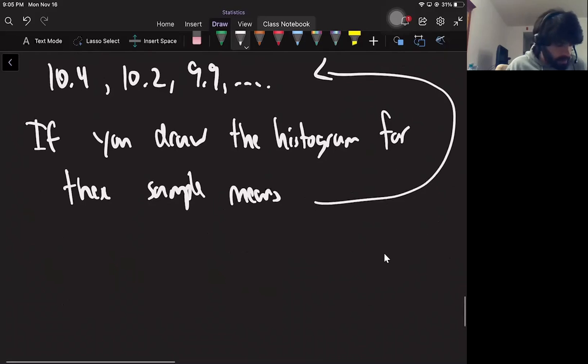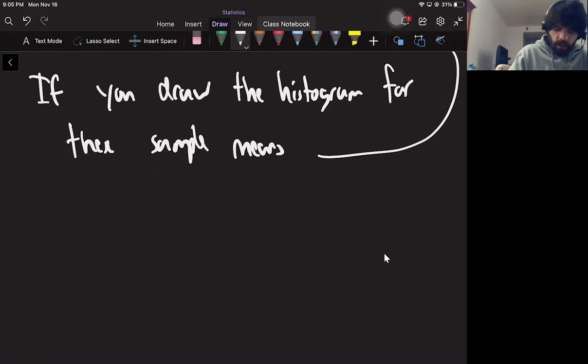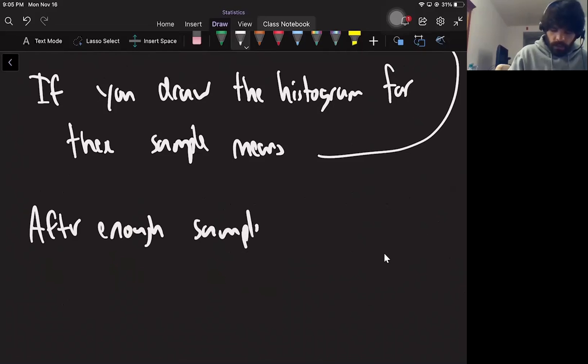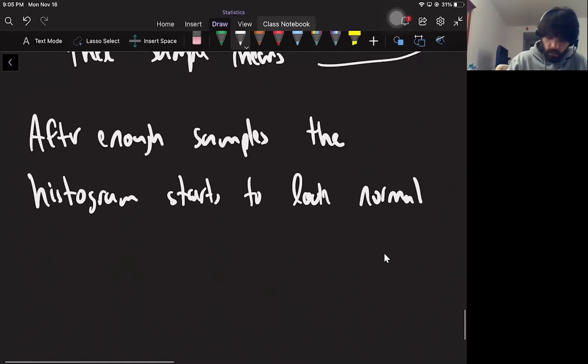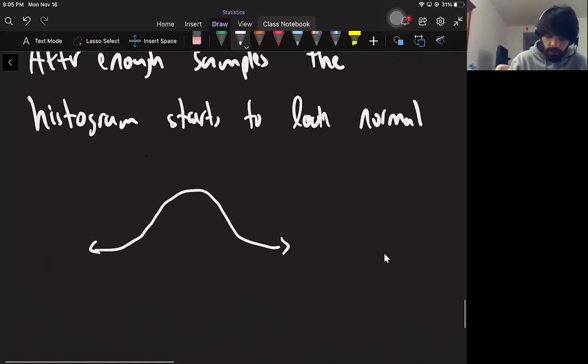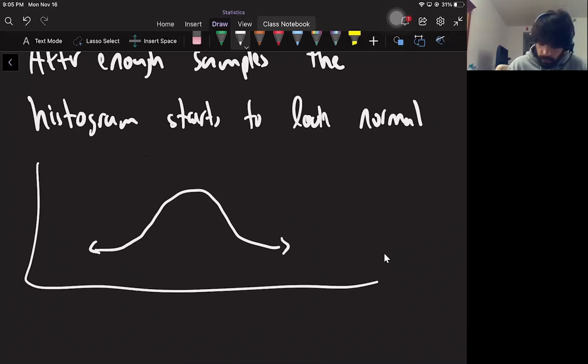What interestingly happens is after you do this, and after you find enough, what you'll see is that the distribution, the histogram, starts to look normal, meaning you get this nice bell-shaped curve for your histogram, where the x-axis is your possible sample means.